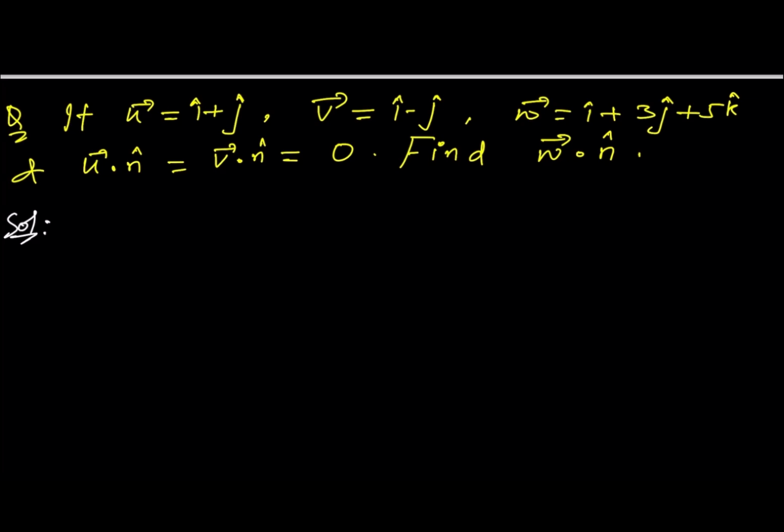n cap is a unit vector perpendicular to u and v, because u dot n is 0 and v dot n is also 0. Okay, and we know u vector and v vector are coplanar vectors. So from here we can say n cap is perpendicular to u, and from here we can say n is perpendicular to v.